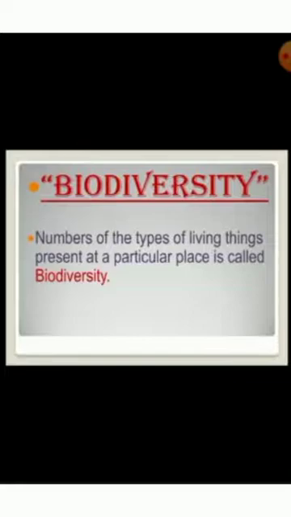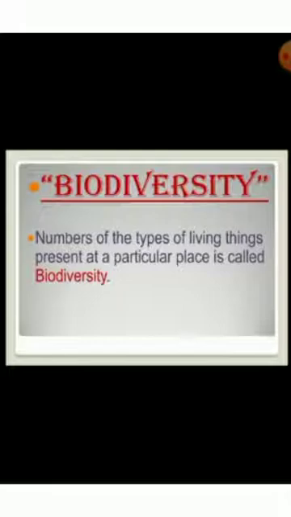The number of types of living things present at a place where special types of animals are found, this is called its biodiversity, right? Is it clear? Okay, now we will discuss biodiversity and the classification of animals and plants.